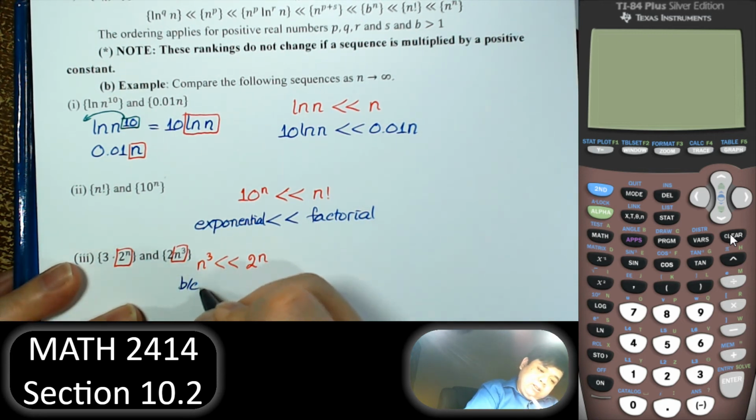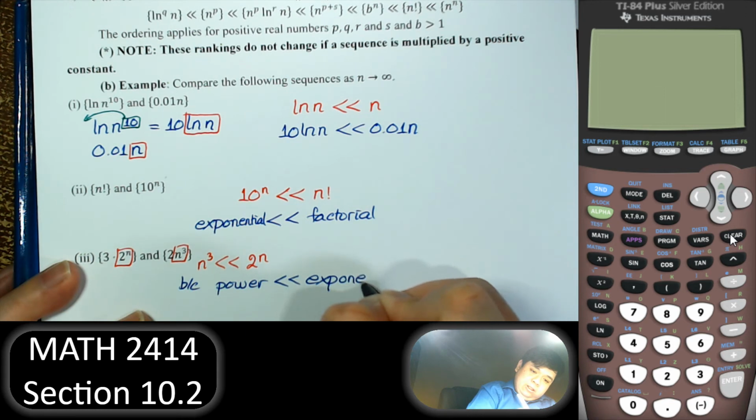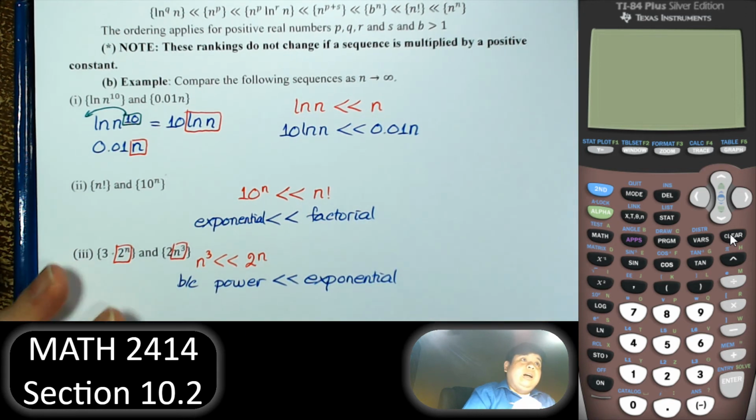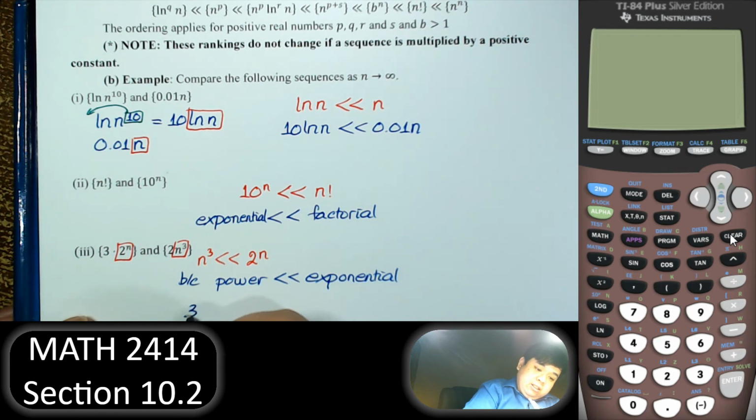because power function grows slower to infinity than exponential function. So with that, multiplying by 3 or by 2 doesn't affect it.